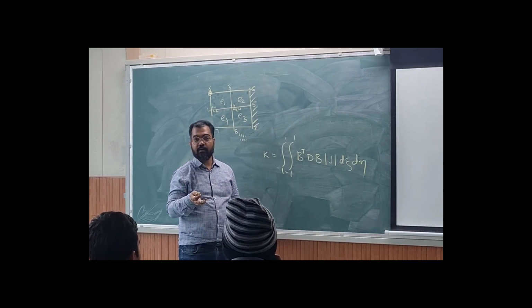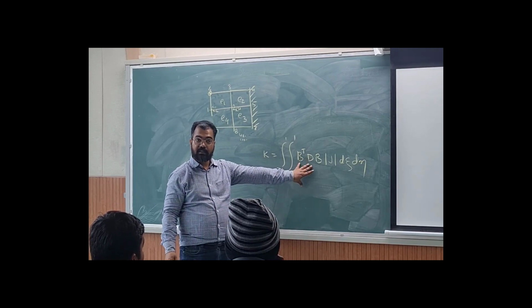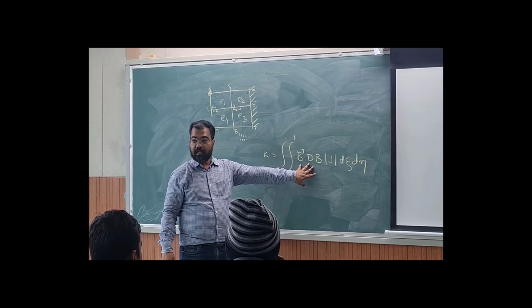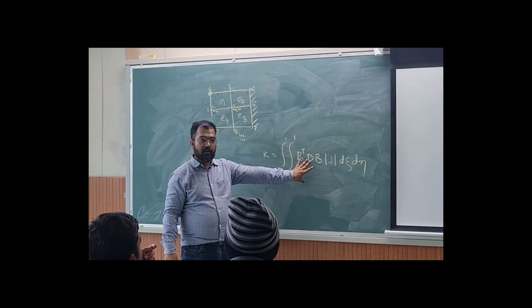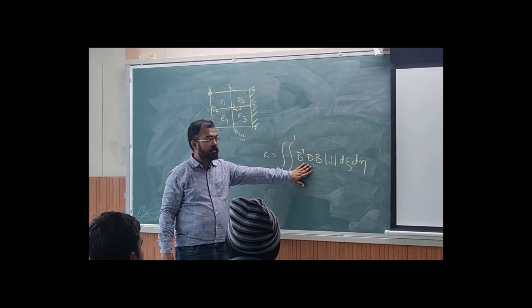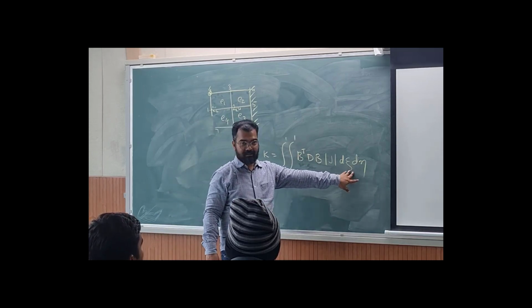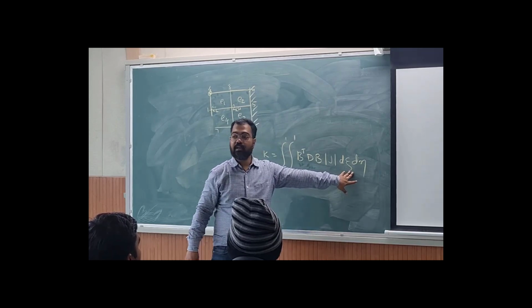In order to find those values, you need to do the integration. It's not just the multiplication of these matrices. B is a function of epsilon and eta. D is not. But the total multiplication is a function of epsilon and eta, and you have to integrate it from -1 to +1. So how will you integrate it?